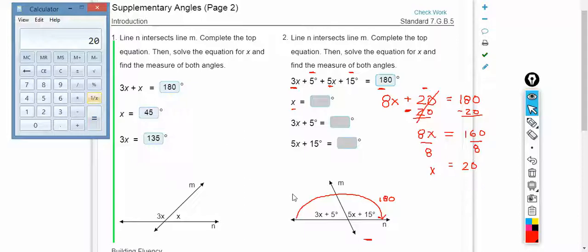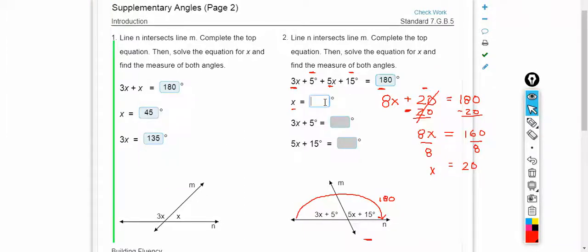Okay, so we know that, but in this case, over here we had an angle called X, so that was easy because we saw that 45 was X. Here there's no angle called X. So now we have to figure out, let's do this angle first.